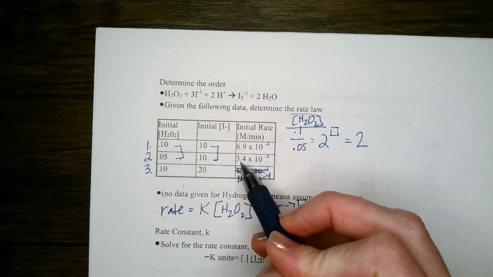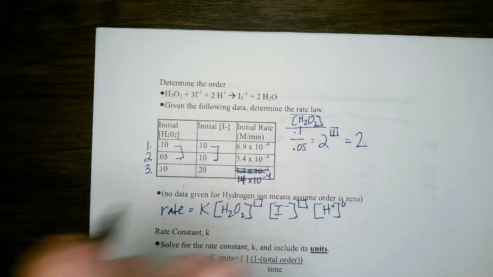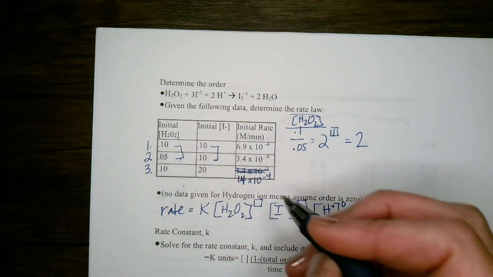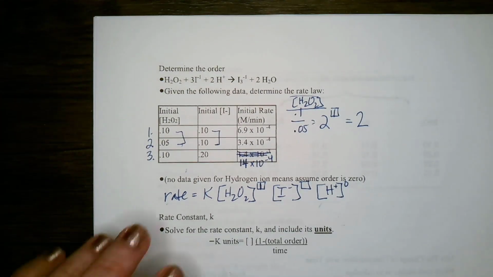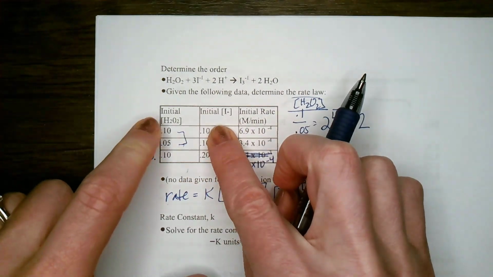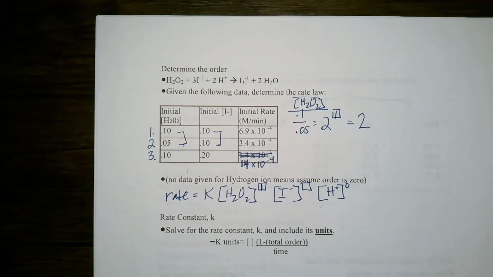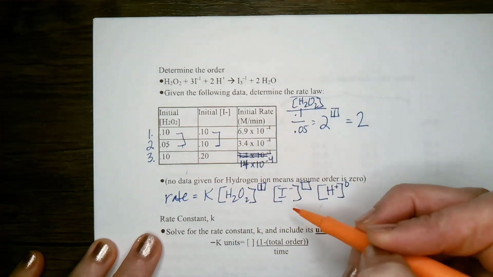So when I double my concentration of H2O2 and I stays the same, we can see that my rate also doubled. So we'd say that this is to the first order with respect to the peroxide. And again, it's important to hold one reactant constant while we look at what's happening to the other.